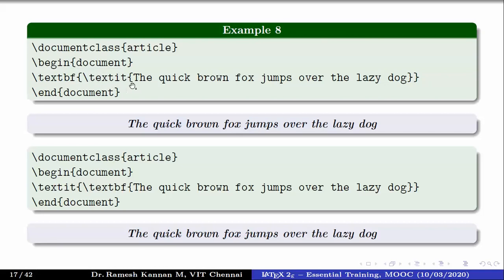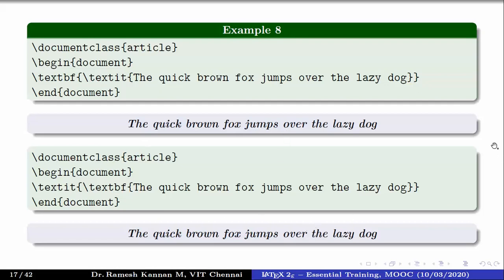Say, for example, the quick brown fox, and this sentence is italics, then it should be bold, or something like bold then italics. So either way, in this case I made it bold then italics, and the same sentence I made italics then bold, but the output remains the same.